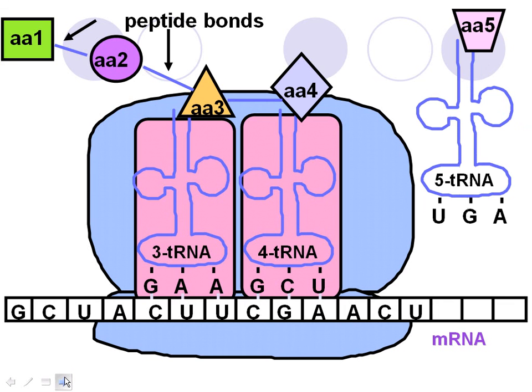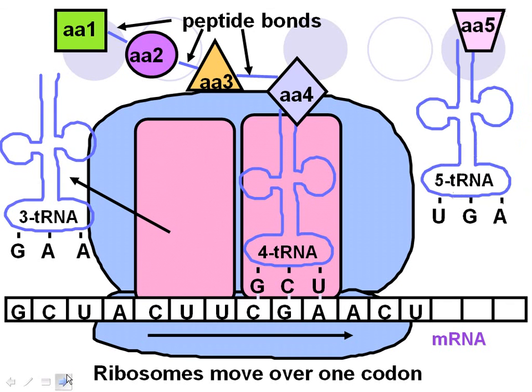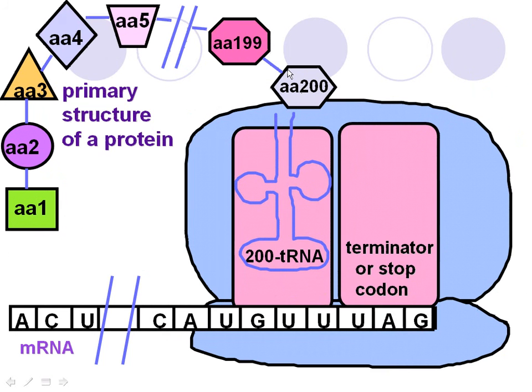Until we've finally elongated till we look, now we're up to amino acid number 200, and then we see what? Our terminator or stop codon. We finally reach our terminator or stop codon.